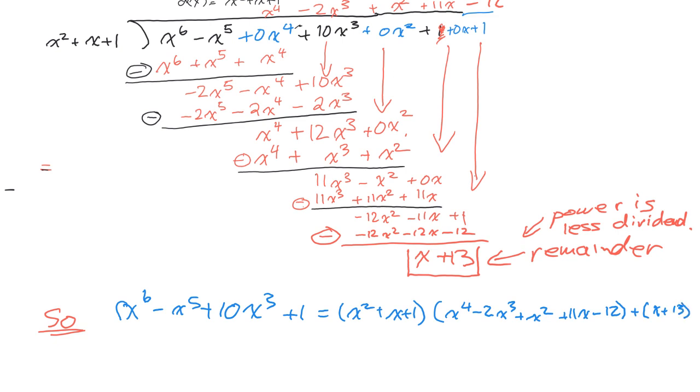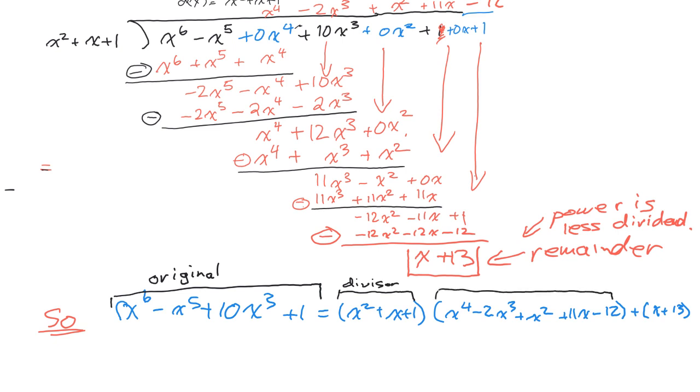So in black, this was the original. This is the divisor. This is the quotient. And this is the remainder.